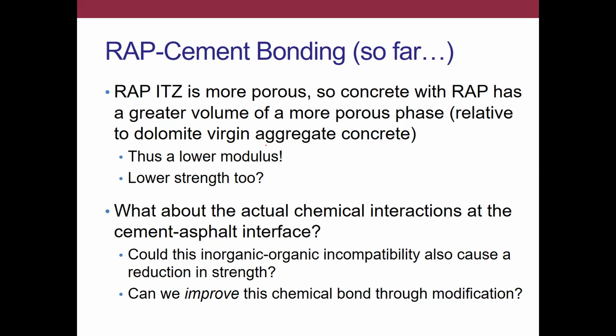Since you now have a larger volume fraction of a more porous phase in your total composite, we would naturally find a lower modulus. So that is one way that we can conclude that we do see a lower modulus in concrete with RAP. This could be one reason why.